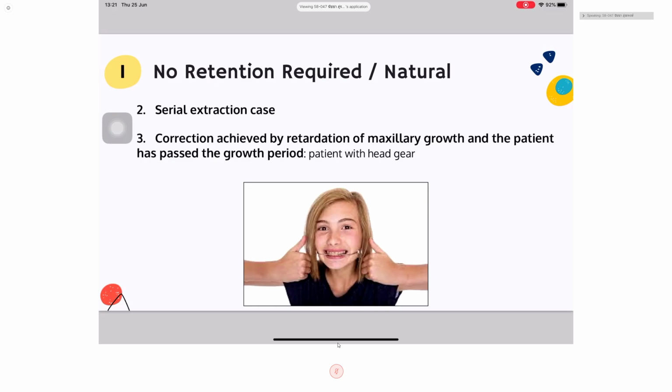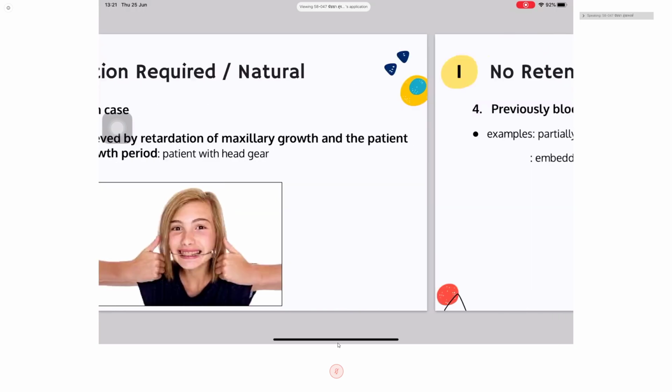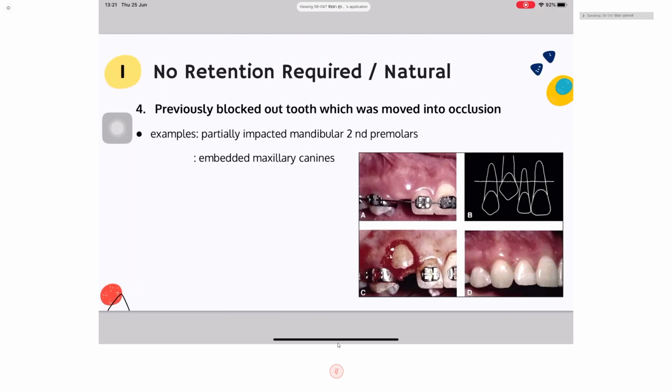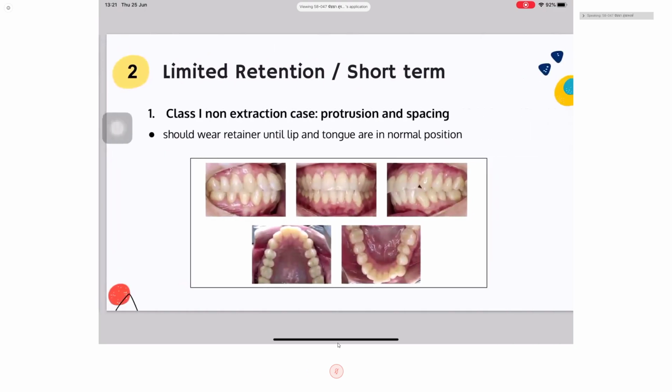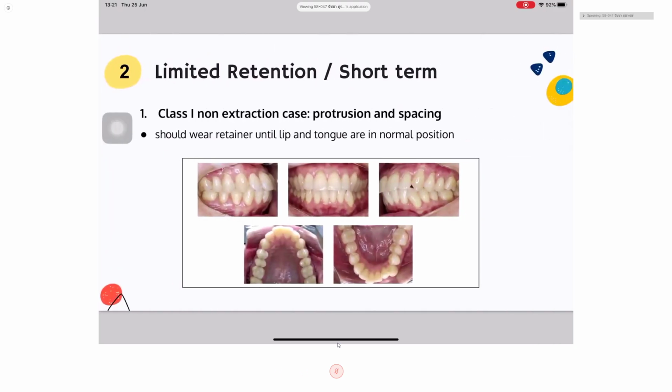Correction achieved by retardation of maxillary growth, and the patient needs to pass the growth period, for example, a patient at 8 years. And 4. Patients that need to regain space, for example, patients that lost the second deciduous molar early, or patients that have an embedded canine.